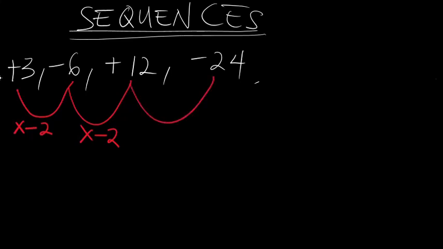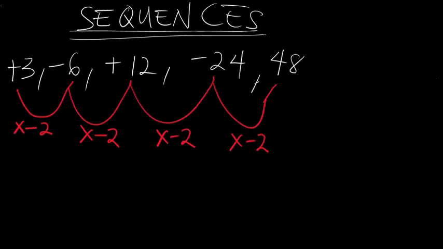You multiply this plus 12 by minus 2. Now for us to get the next term here, we also multiply by minus 2. So we multiply minus 24 by minus 2, we are going to have 48. Then the next one, the same pattern, you multiply by what? Minus 2. So minus 2 times 48 will give you minus 96.